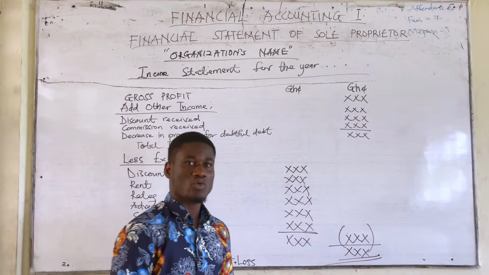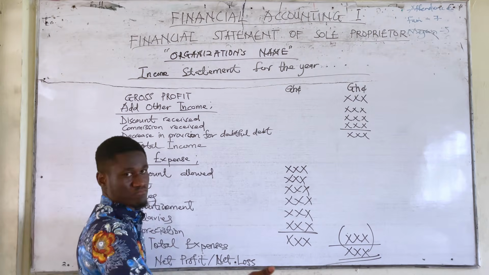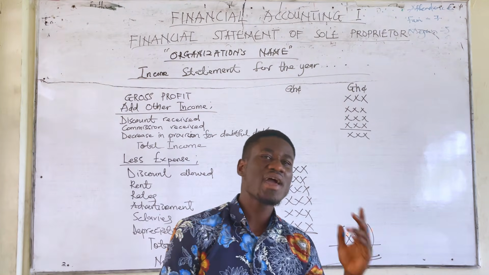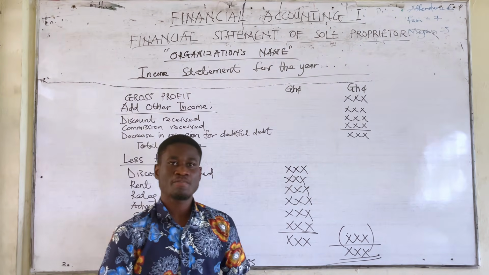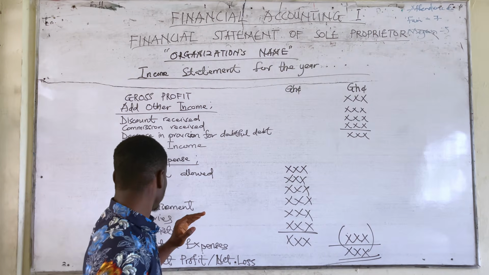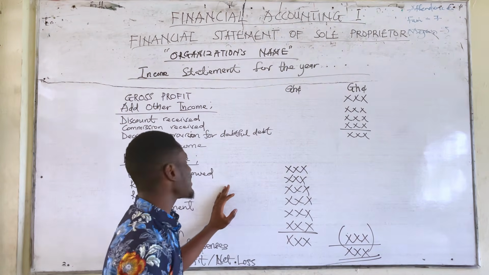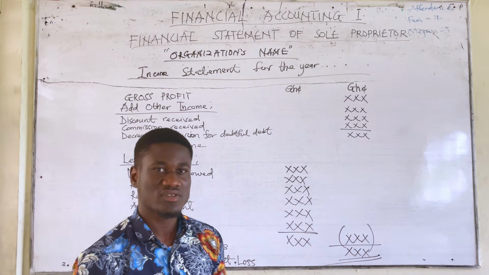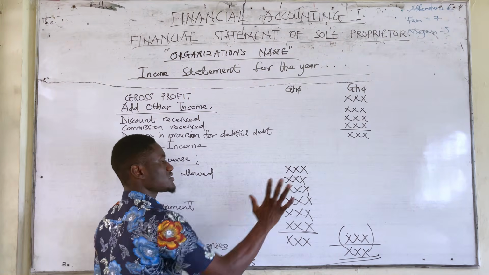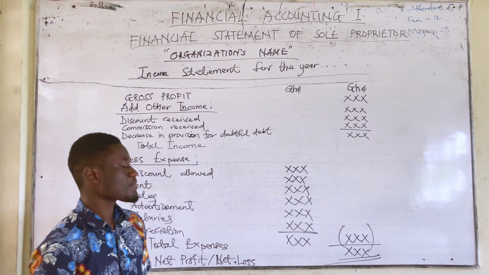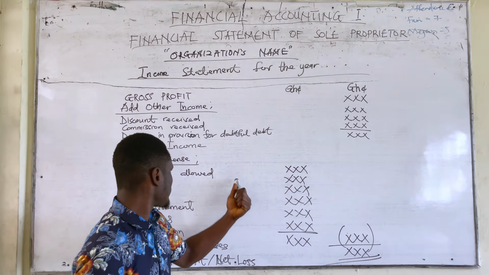So if it says rates prepaid, maybe 100 cedis, and the rates in the trial balance is 150, just subtract the 100 from 150. I'm going to get 50. Just bring the 50 here. You get it? Good. So that's all for the profit and loss.